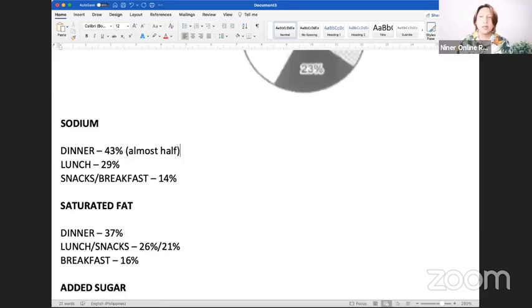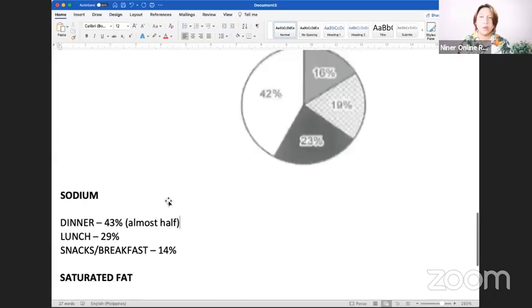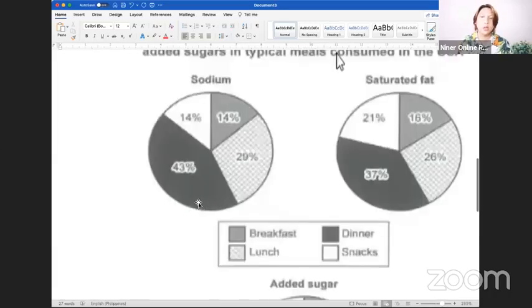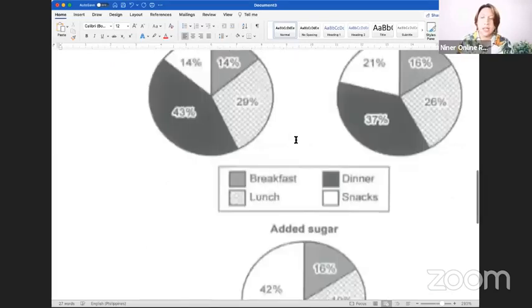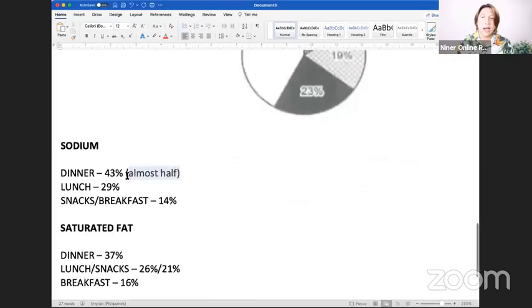So almost half of the sodium consumption of people, because we're talking about the average percentages of sodium, saturated fats, and added sugars that people consume in typical meals in the USA. We can say that almost half of the sodium consumption of people is during dinner time. Okay, so you can do that.